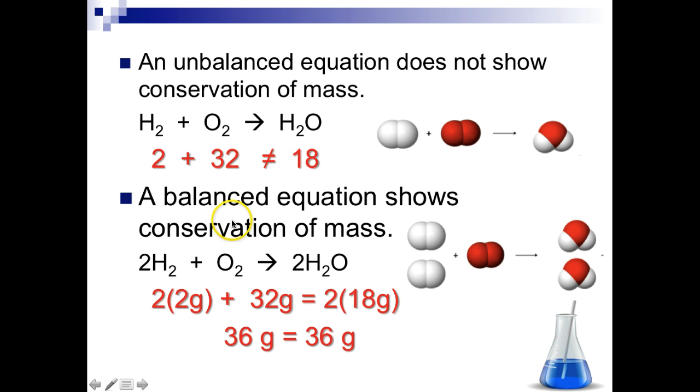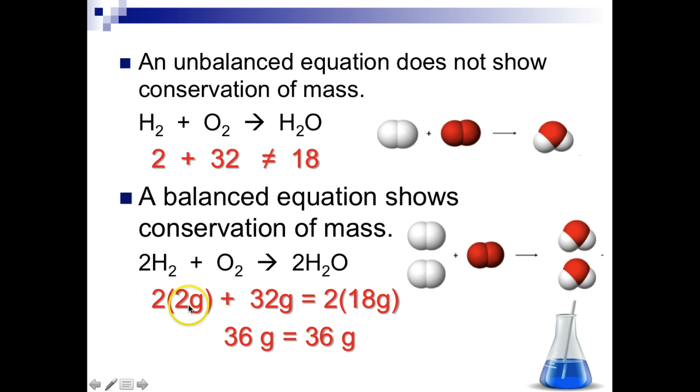So there is not a conservation of mass here. A balanced chemical equation shows that there is a conservation of mass. The mass at the beginning is going to be the same as the mass at the end. So we have 2 grams of hydrogen, because each hydrogen is worth 1 and there are 2 of them, and we are also balancing it, so we have to have 2 hydrogen molecules.